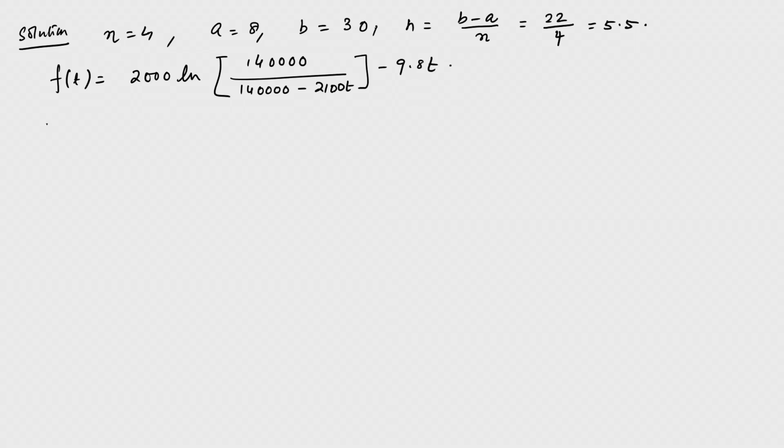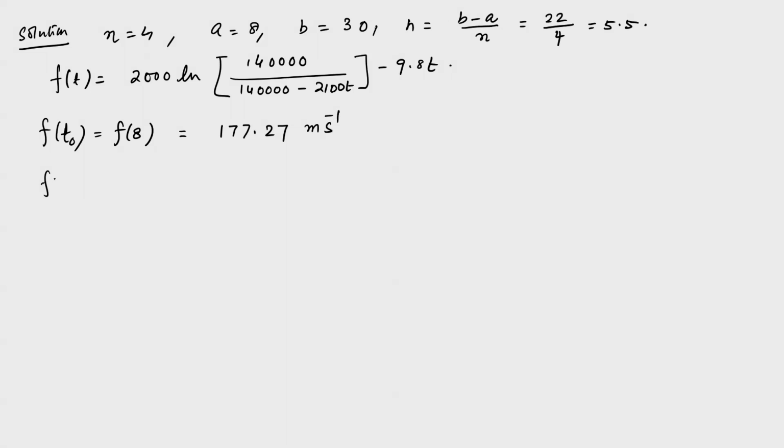Okay. So, f at t 0, we are calling it x 0 or t 0, which is f of 8, which we have already calculated earlier. We can take that value, which is 177.27.